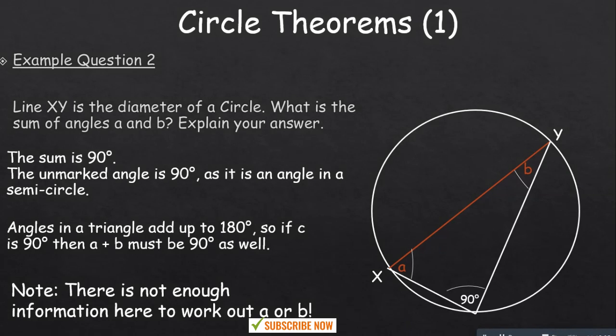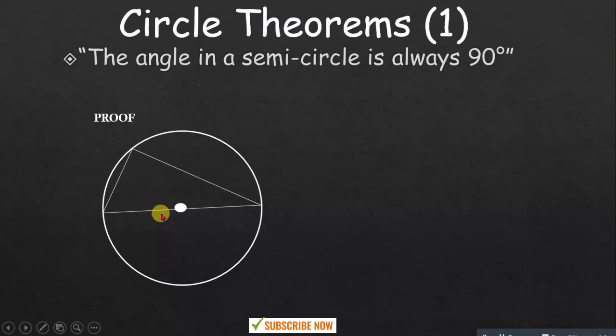Mostly in the paper, it is drawn not to scale. Some will write it under: drawn not to scale. If it is drawn not to scale and you measure, you get it wrong. So you just need to use the theorems and the properties to get the answer correct and straightforward. Thank you.